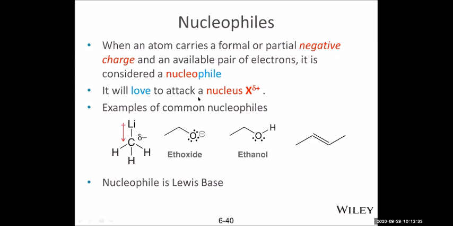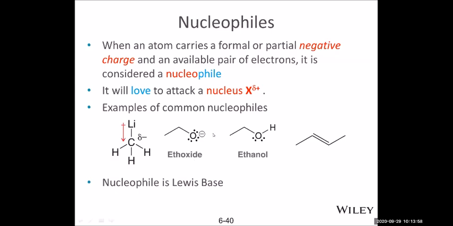For example, the first nucleophile we have is the carbanion. When you have lithium combined with a methyl group, the carbon has a negative charge, so it is a nucleophile. It will attack the positive charge of some other atoms or structures in the molecule.